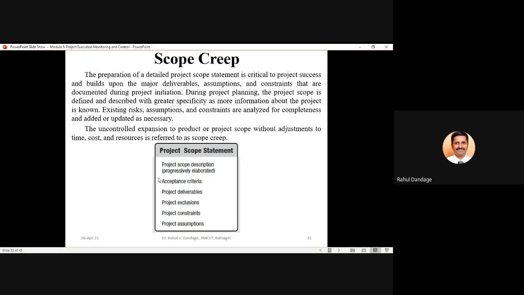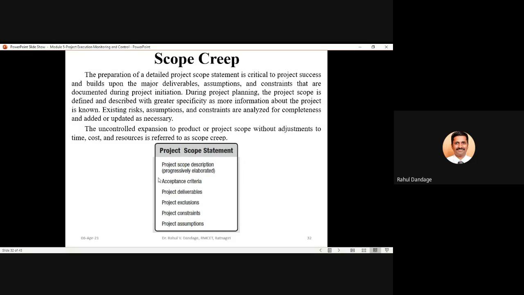This project scope statement must be built upon major deliverables, assumptions, and constraints that are documented during project initiation. During project planning, the project scope is defined and described with greater specificity as more information about the project is known. Existing risks, assumptions, and constraints are analyzed for completeness and added or updated as necessary.